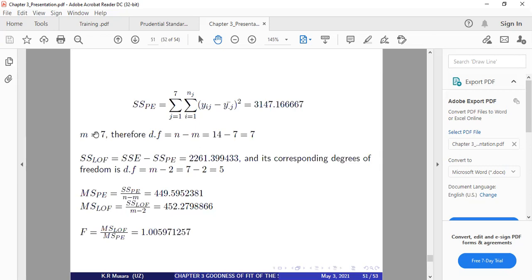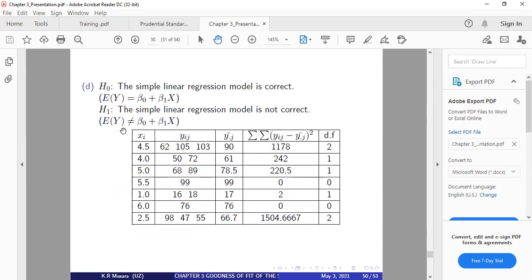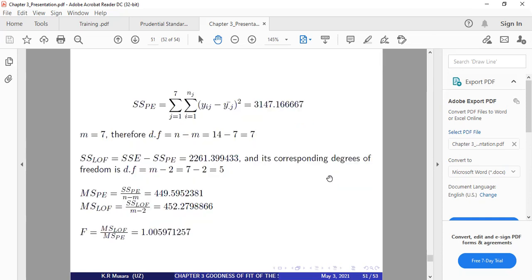Now m is equal to 7. Where they get this m is by summing up the degrees of freedom for all these, which are m minus 1 for the distinct values of X. They got 7, and then these are the degrees of freedom that correspond to pure error, which is n minus m. What is our n? It's 14 minus 7, which is 7.